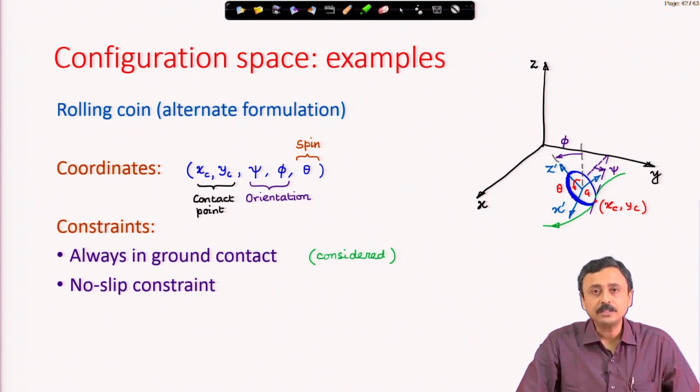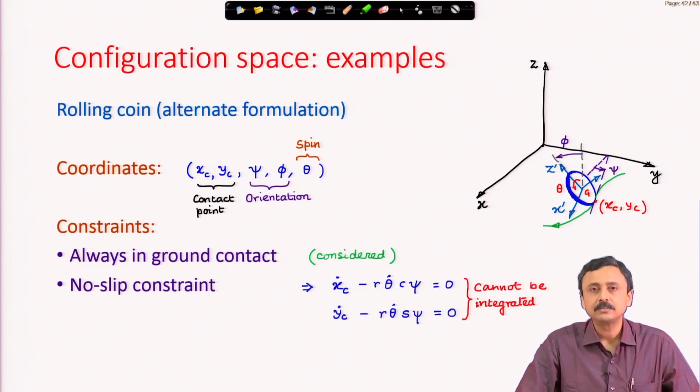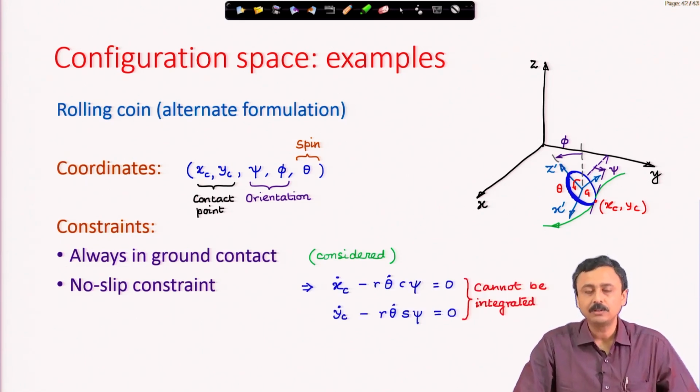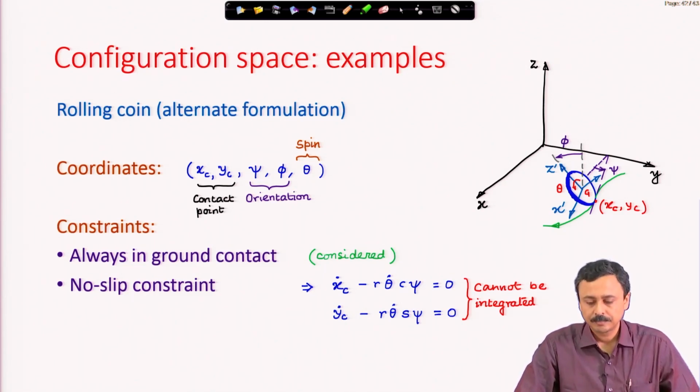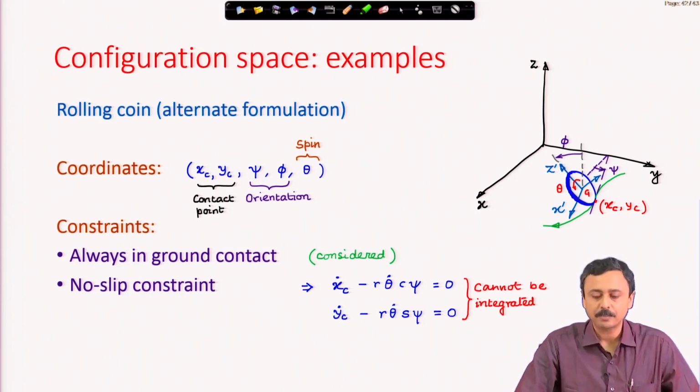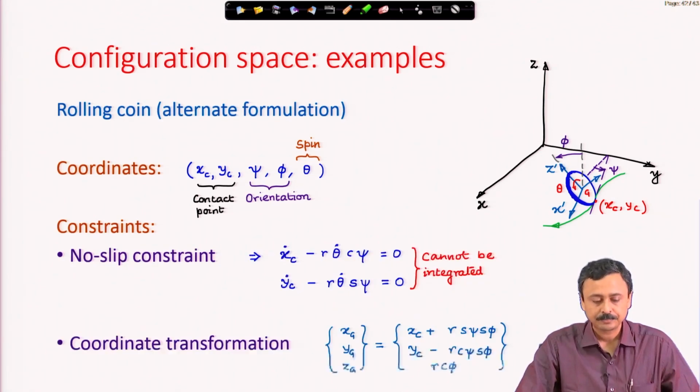And the no slip constraints are replaced by these two very simple looking constraints in terms of x c dot, theta dot and psi. Now, that simplifies to a great deal our representation of constraints in the new coordinate system.